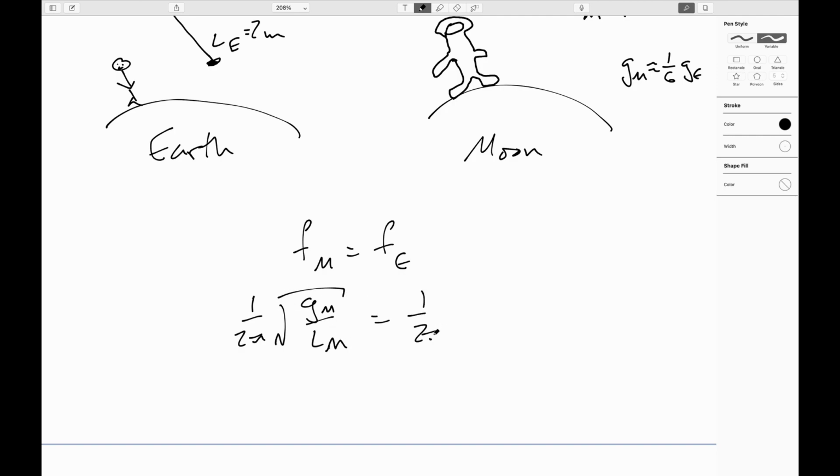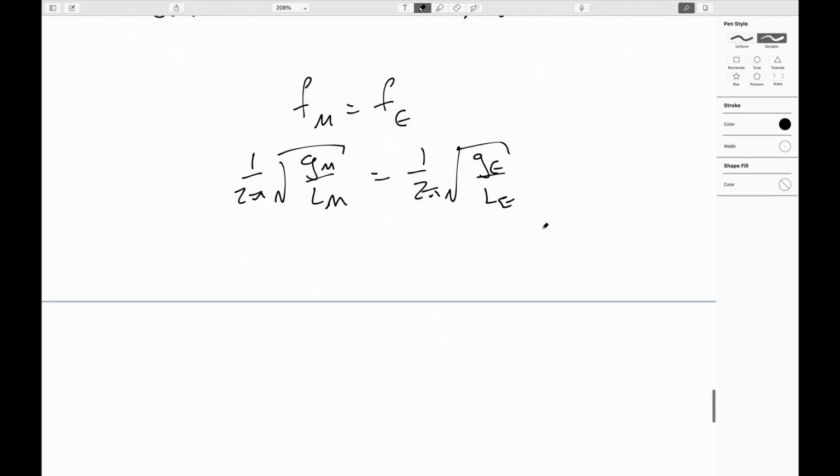And that had to equal 1/2 pi, same deal on Earth, g for the Earth, and the length of the pendulum on the Earth. Alrighty. Well, we can cancel 1/2 pi's, and we can square both sides. So that will give me g moon over L moon equals g Earth over L Earth.